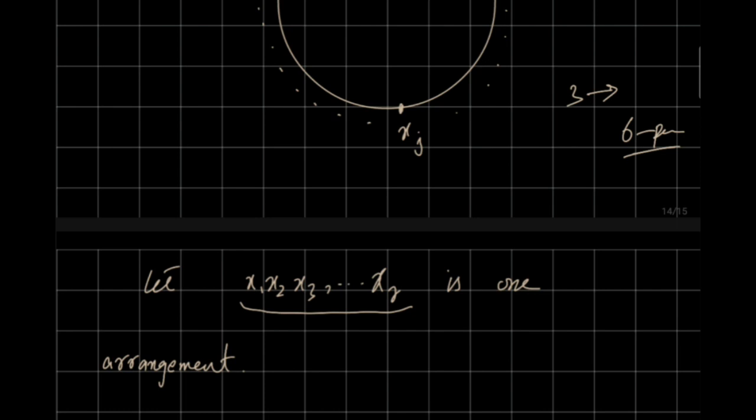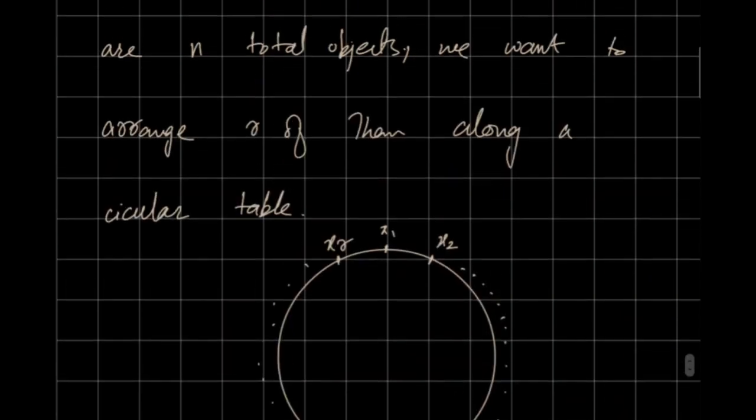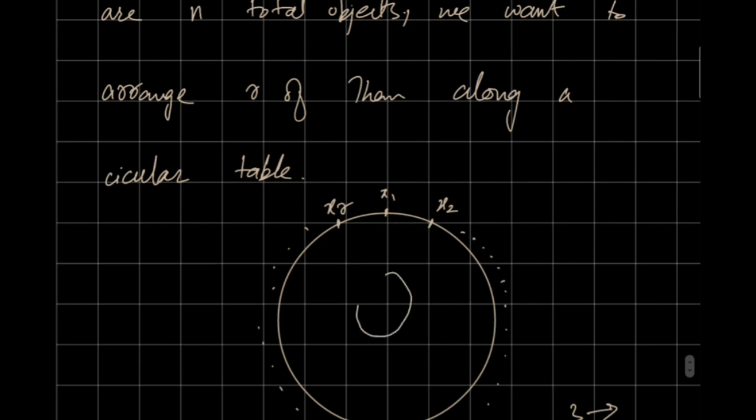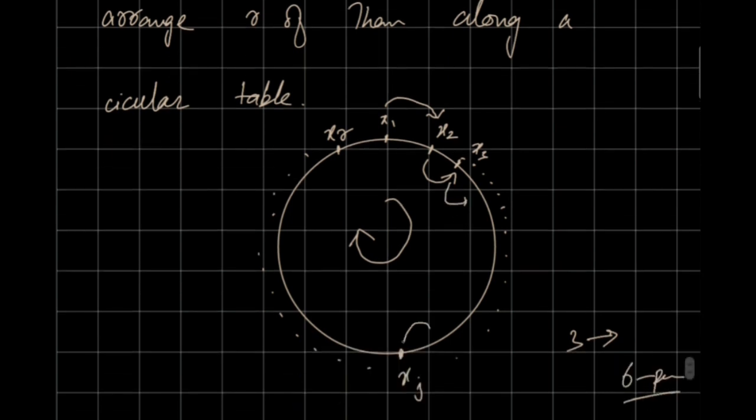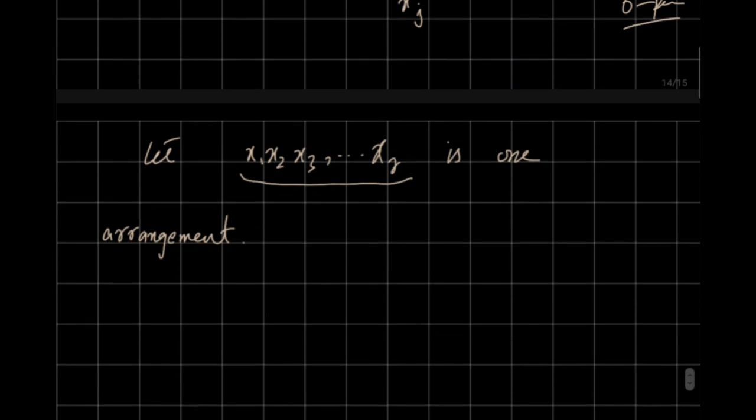So if I move clockwise, first of all, x1 will go to x2, x2 will go to x3, and then this element will move next, then next, then next. In this way, it will move next. Then this element will move here, and xr will move towards x1. So then here I will have xr.